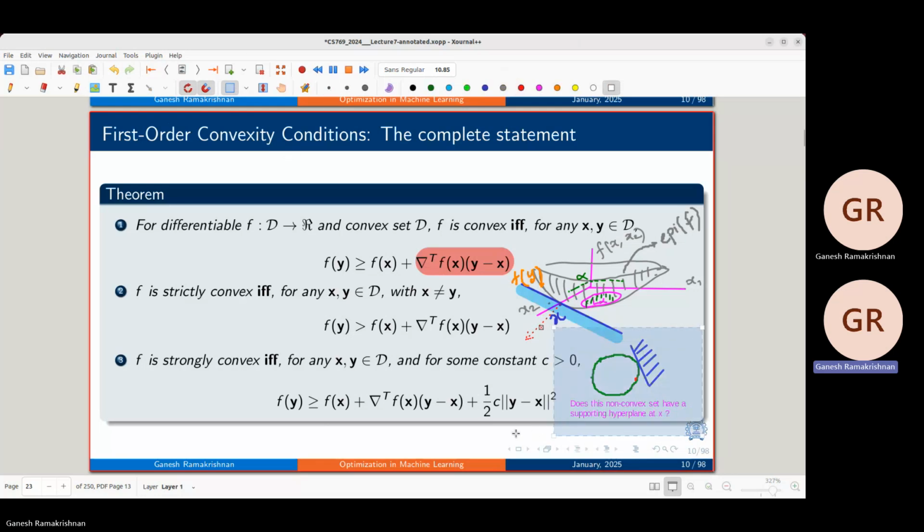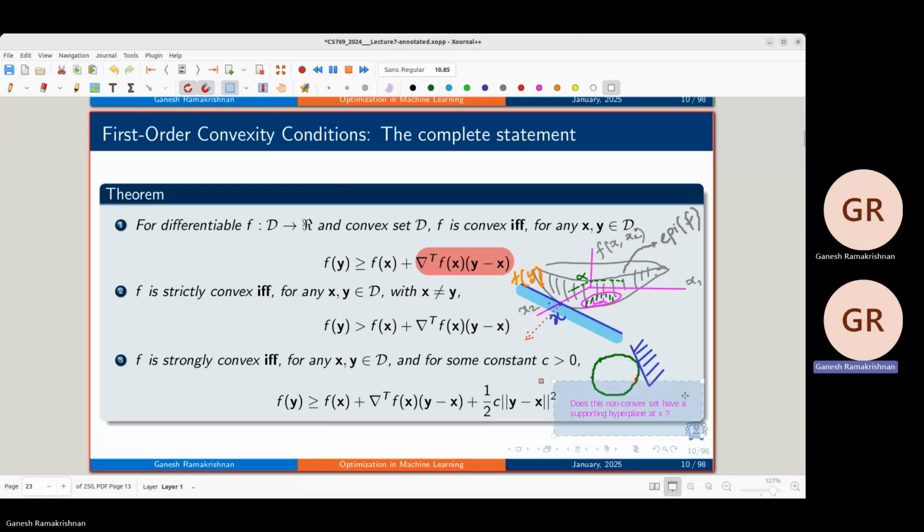Yeah, and I have left a question for you to think about. Does this non-convex set have a supporting hyperplane at x? So when I say this, it doesn't look completely convex, right? Or in fact, if you think of dropping a point here, then certainly it is not convex.